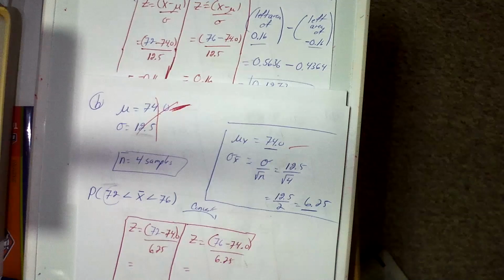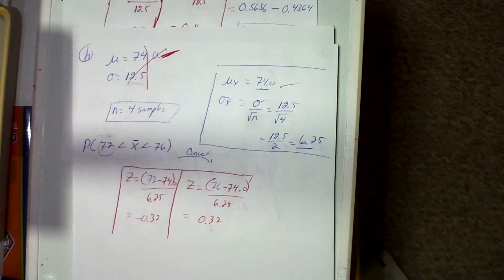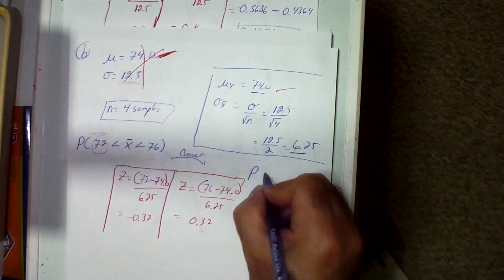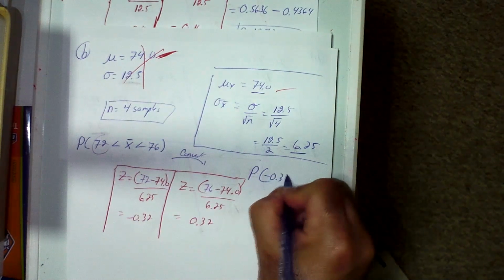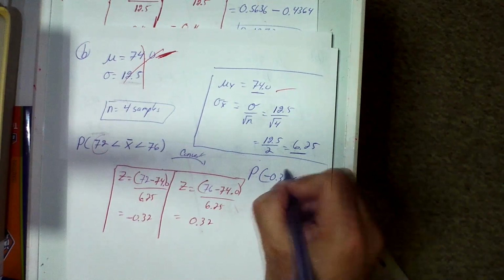So 72 minus 74 divided by 6.25 is negative 0.32. I bet this one is positive. Just saying. Booyah. I was right. Beyonce, to the left, to the left.